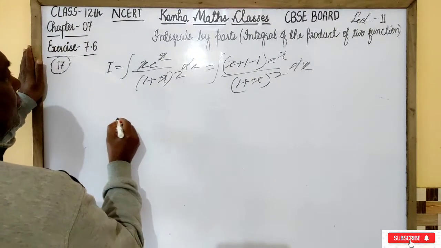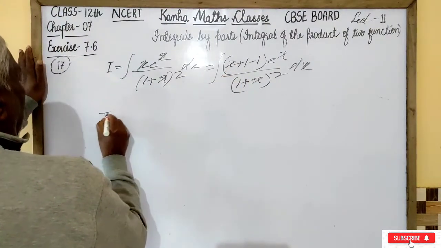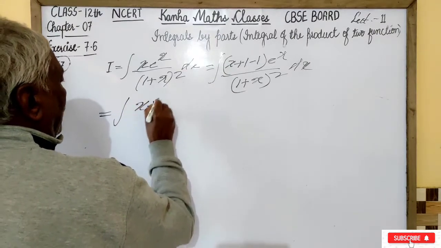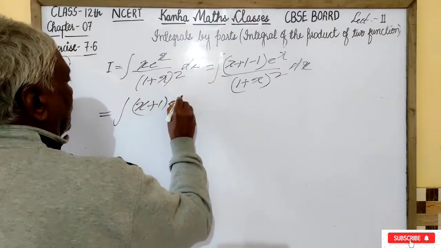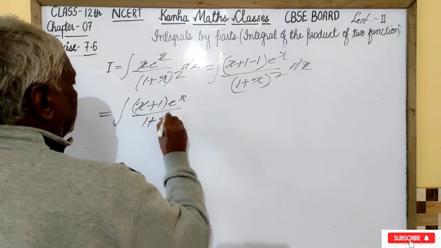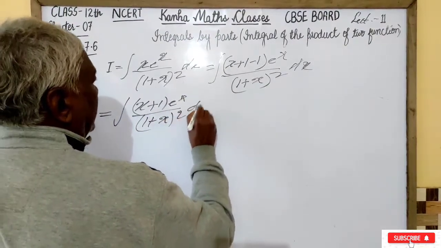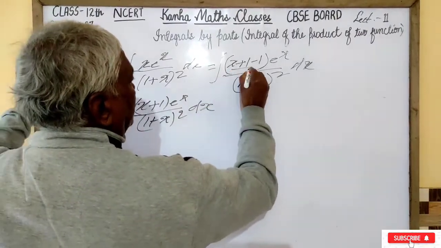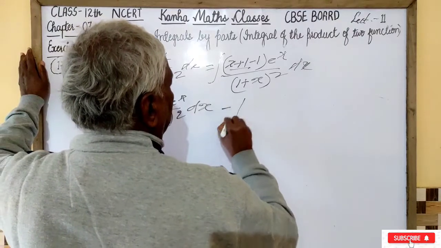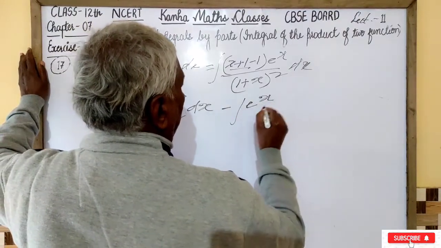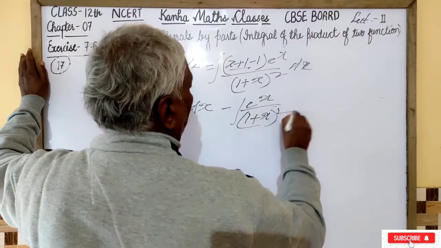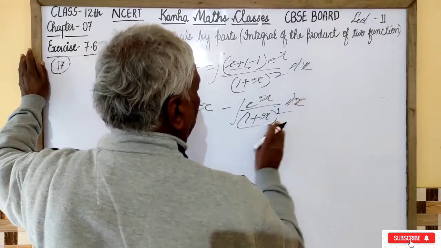Now this is (x plus 1) e^x upon (1 plus x) whole square dx, and minus e^x upon (1 plus x) whole square dx.